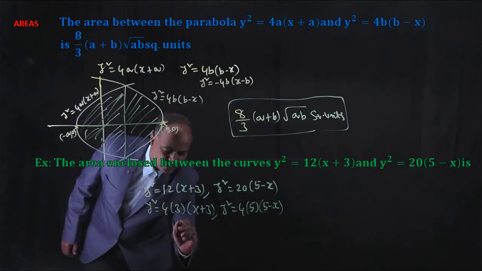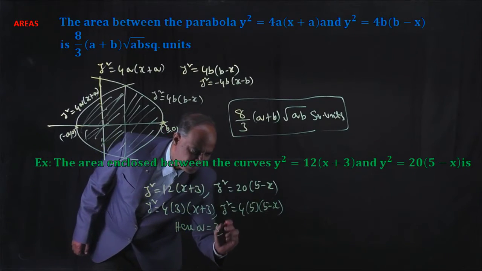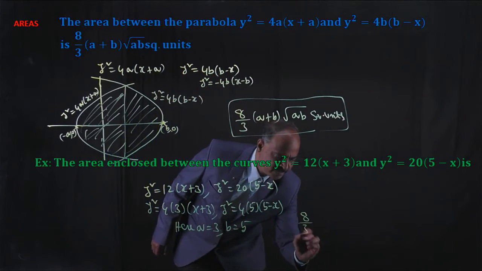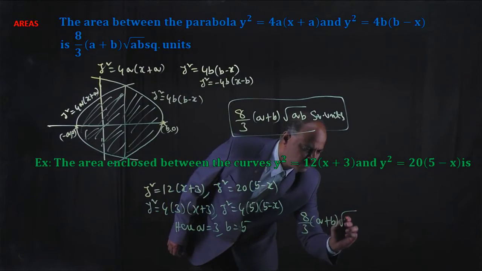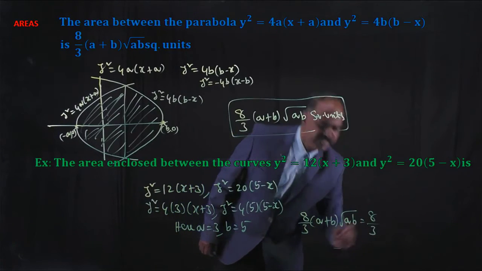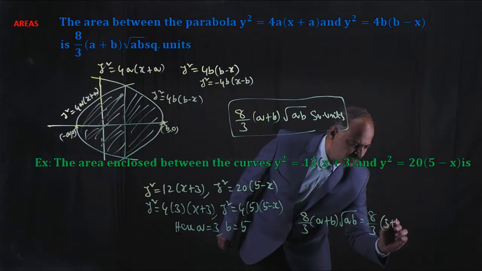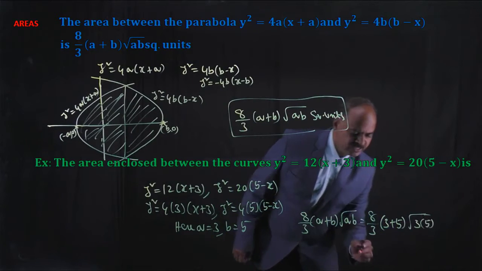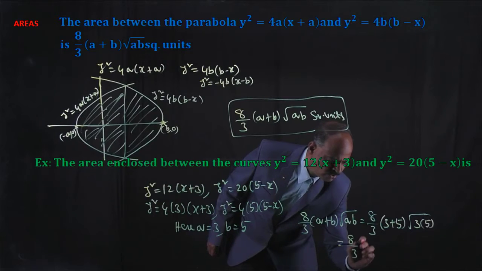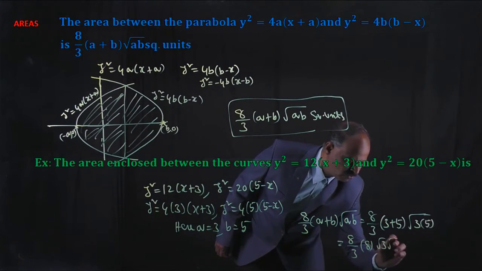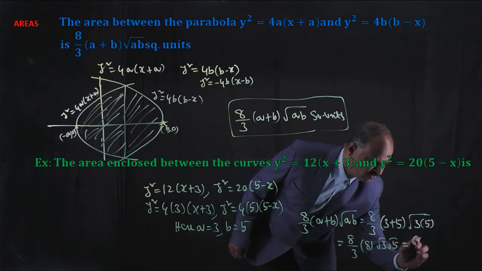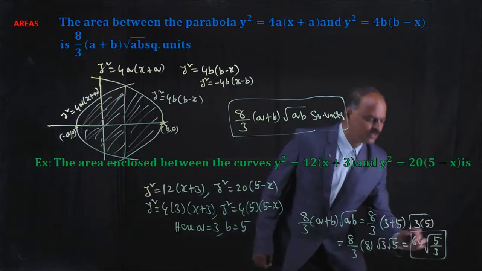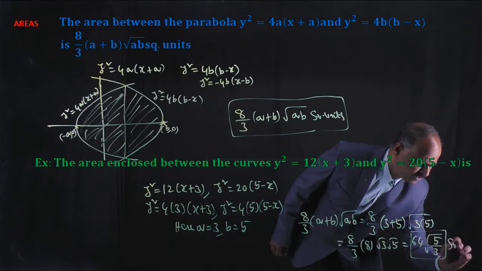So here a equals 3 and b equals 5. The formula is 8 by 3 into (a + b) into root ab. Now this is equal to 8 by 3 into (3 + 5) into root of 3 into 5, which is 8 by 3 into 8 into root 3 into root 5. That equals 64 root 5 by 3 square units.